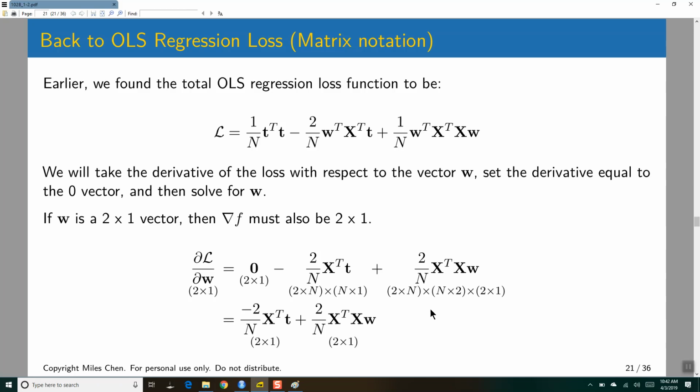Yes, question? So the 0 that came from the t transpose t. Yeah. If we started with dimensions of t as n by 1, does it become a 2 by 1 vector of 0? Okay, so right. This is actually 1 by 1. t transpose t is 1 by 1, so it's a scalar value.